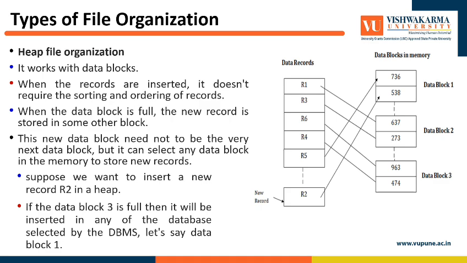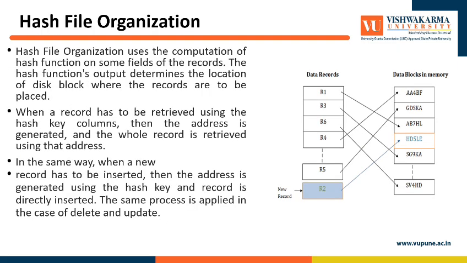Now we will see hash file organization. You can see the diagram given for the organization. Hash file organization uses the computation of a hash function on some field of the records. The hash function output determines the location of the block where the records are to be placed.